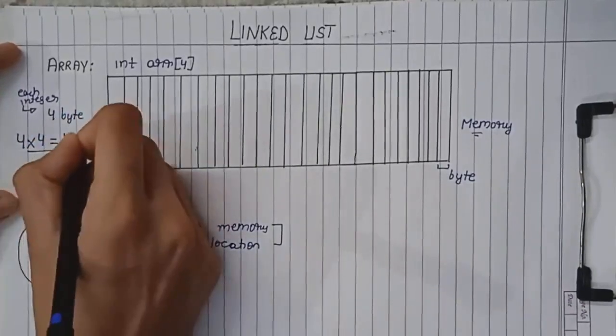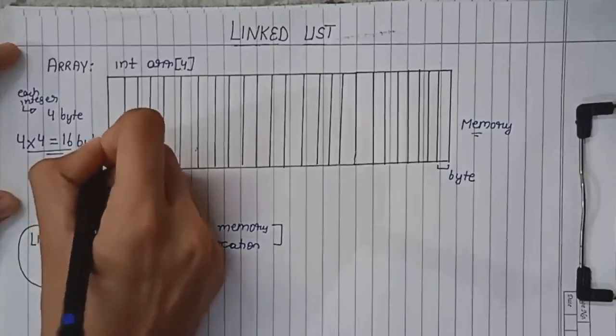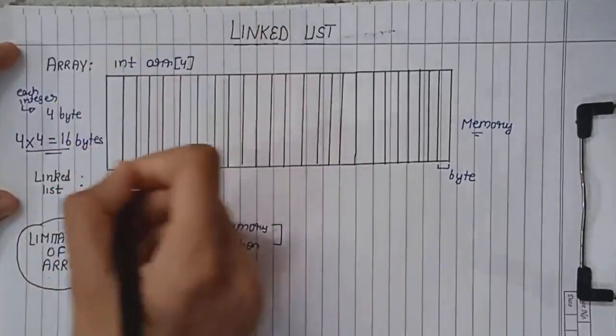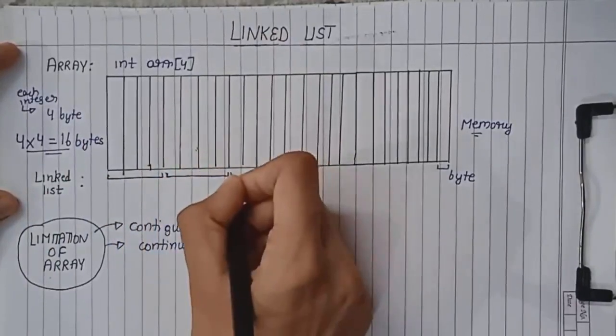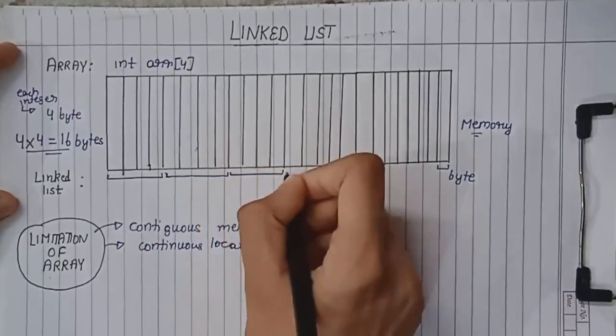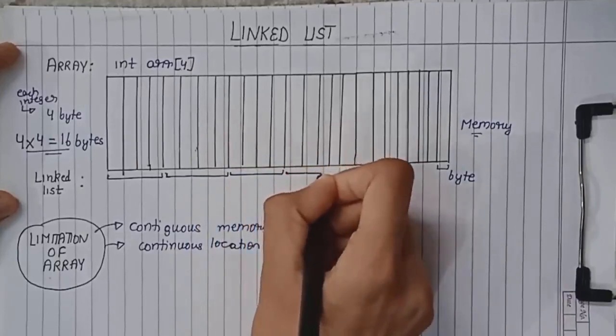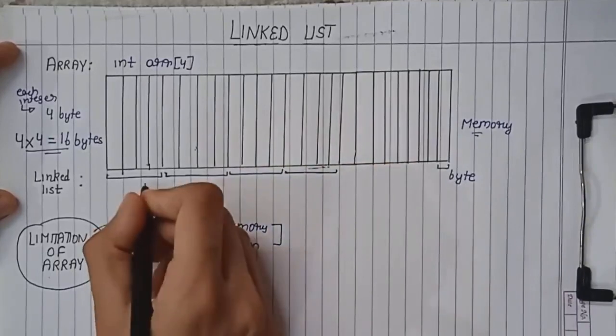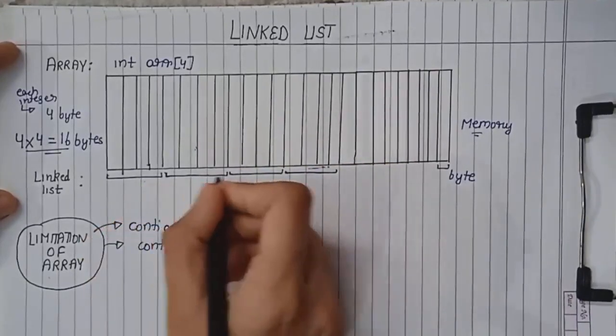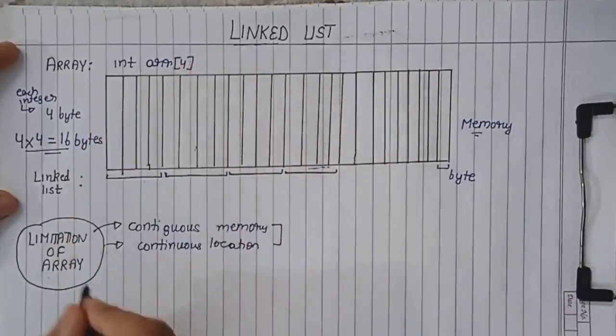So I need 16 bytes to store this array, so let me allot these bytes. You can see that I have allotted 4 continuous blocks to store this array.